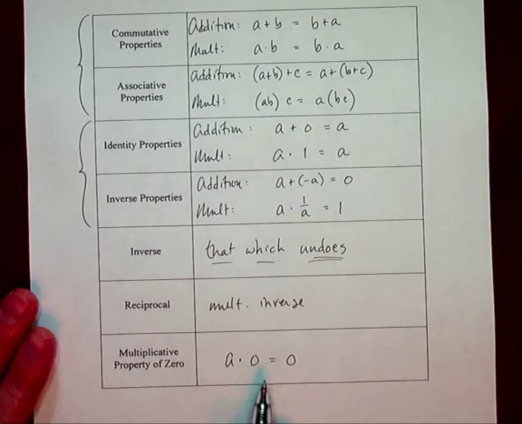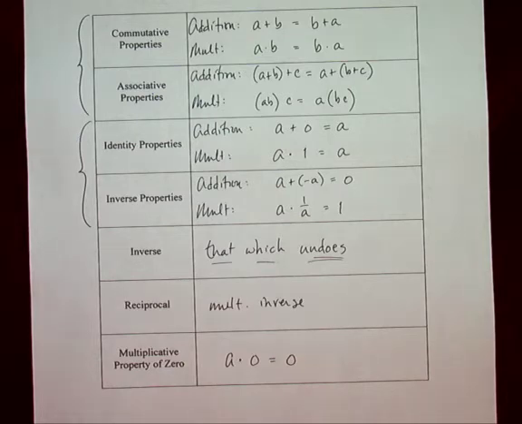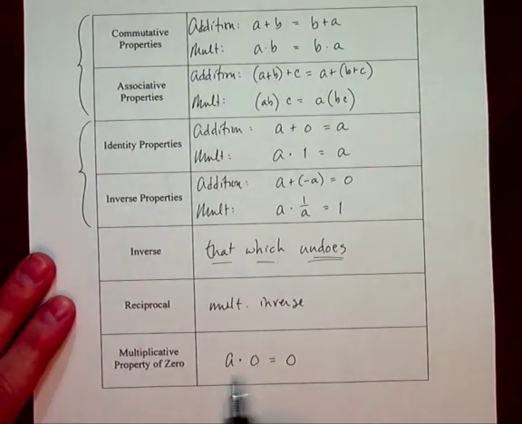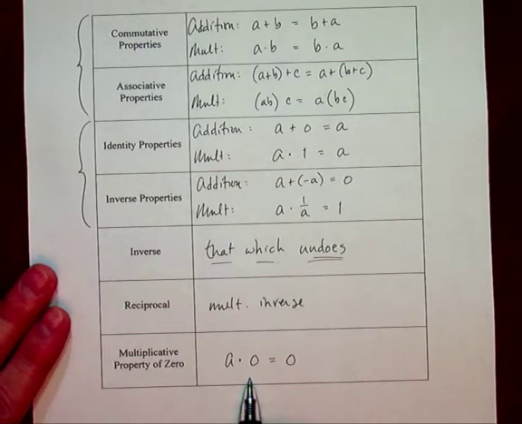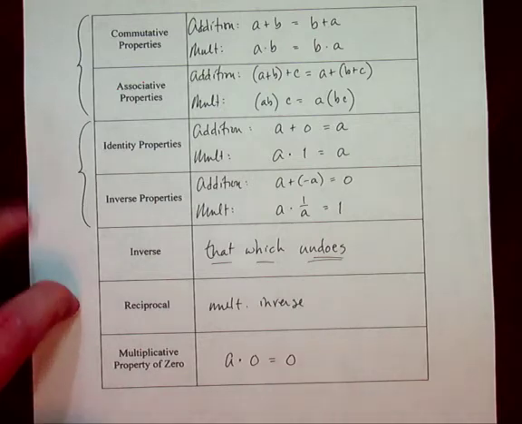There is no multiplicative property of 2, right? Because if a product is equal to 2, there's really no necessity to the value of any one of those factors. But if a product is equal to 0, there is a necessity that at least one of the factors is equal to 0, because a product can only be 0 if one of its factors is.